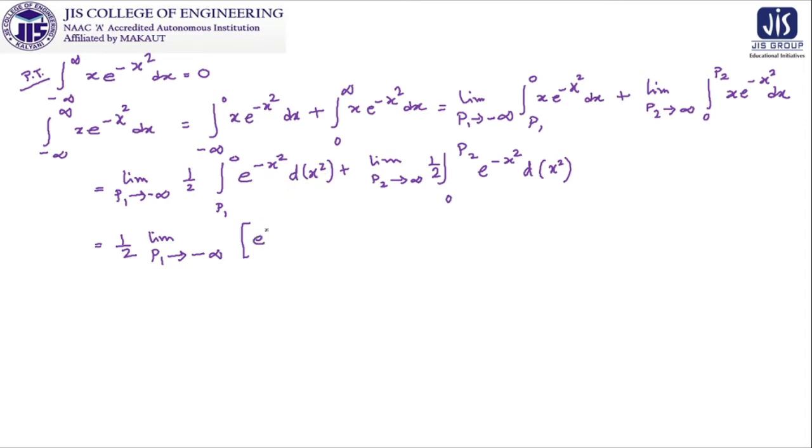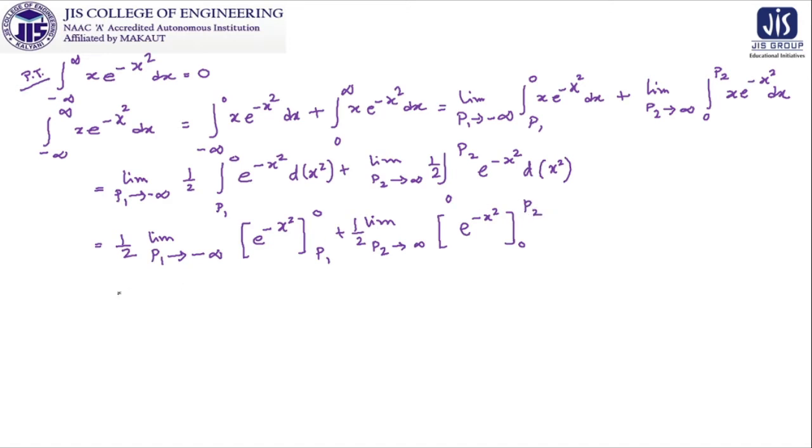So what we are getting as e to the power minus x square, but the limits will be p1 to 0, then plus similarly limit p2 tends to infinity, there will be one half outside of this problem, then it will be again e to the power minus x square, and the limit will be 0 to p2.